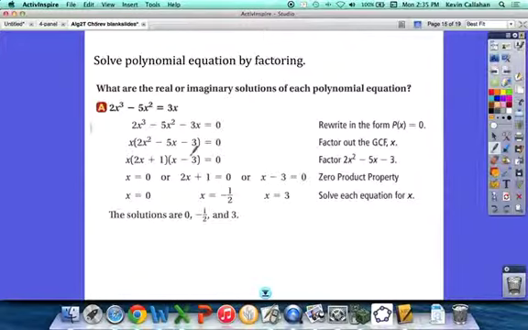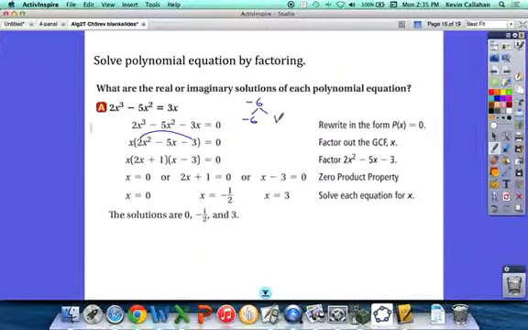Meaning, are there factors of 2 times negative 3, negative 6, that add up to negative 5? Yes. Negative 6 plus 1. Again, remember, for this you go 2 times negative 3 is negative 6. The factors of negative 6 that add up to negative 5 are negative 6 plus 1.